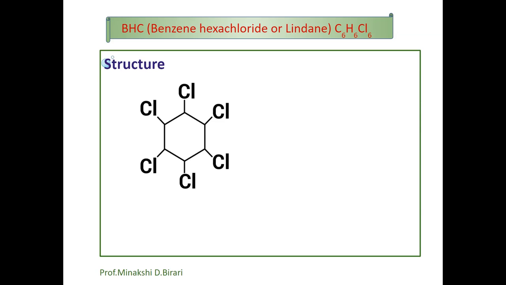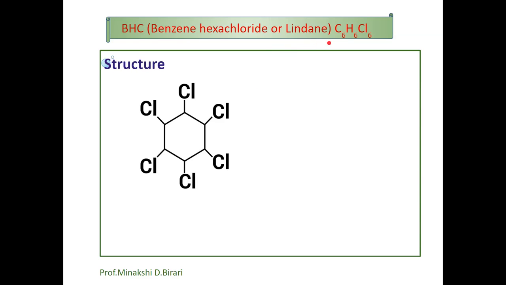The insecticidal property is found only due to the presence of the gamma isomer, and hence BHC is also called gamexane. Refined material contains 99% gamma isomer. Pure BHC, that means 99%, is called gamexane or lindane.